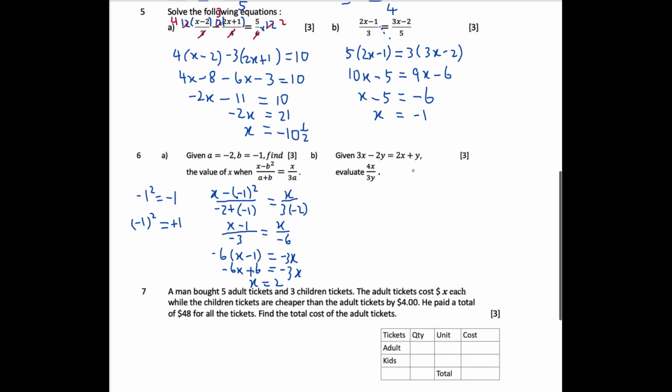In the next example, we are given an equation in x and y and asked to evaluate 4x over 3y. Our first task is to express x in terms of y. This is similar to solving for x.